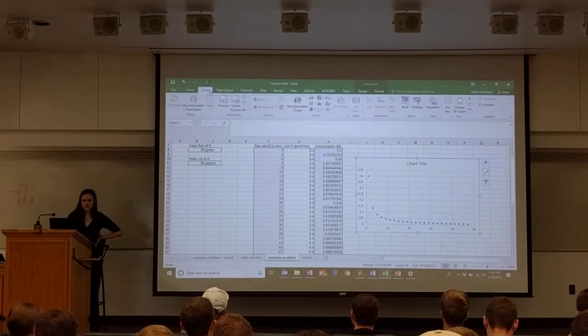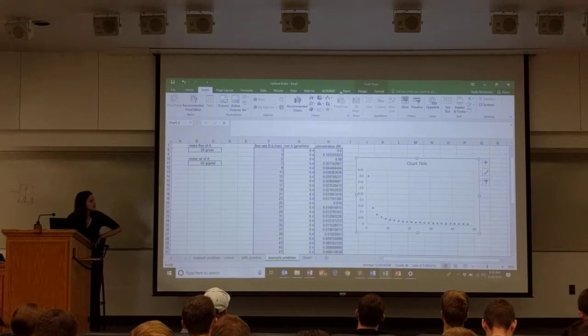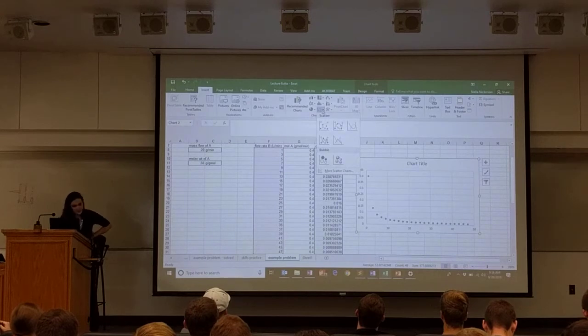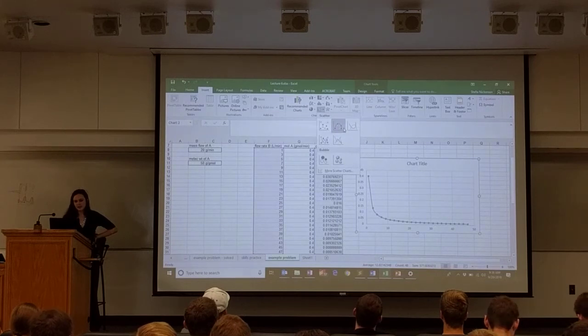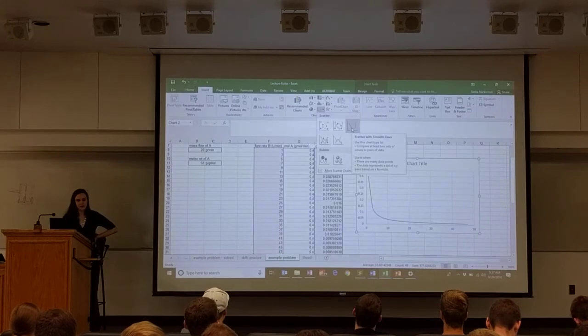So I went to insert again, and then there are all of these charts right here, up at the top. I chose the one with the little points on it, that's the scatter plot, and then I chose this one. But there are other options too. I can turn it into this with a line, or this is just a line and not the points.